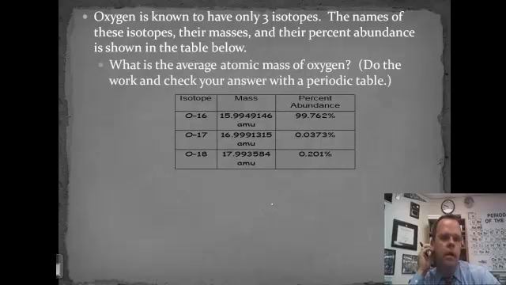Okay, a third example. Oxygen is known to have 3 isotopes. The isotopes are listed here.